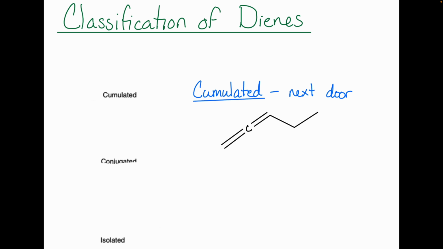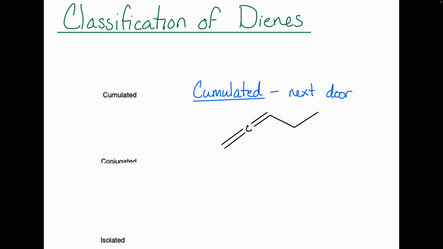What else do we draw on the straight line? Triple bonds. And why do we do them in a straight line? Because they're sp hybridized. Let's look at this carbon here. It's only got 1, 2 bonding regions, so it is also sp hybridized, right? So just like our sp hybridized triple bonds in a cumulated diene, this carbon in the middle here is also sp hybridized. So if we're good, we also draw them in that linear model.